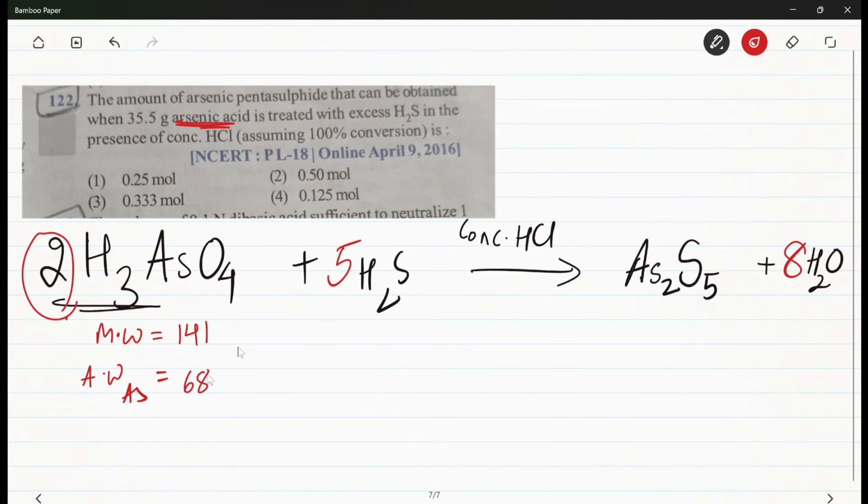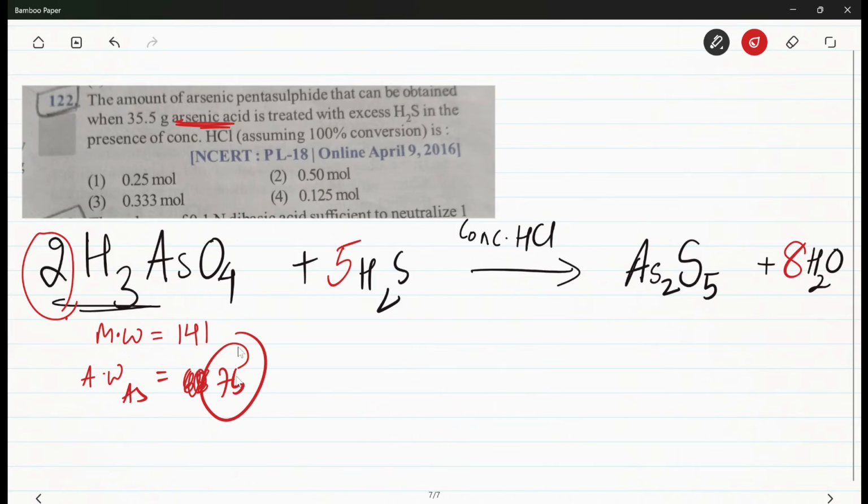Here, this should give 74, 75. 75 plus 3, 78, 78 plus 64, that also will come to 142. So look, this question is invalid if they don't give the mass of arsenic.